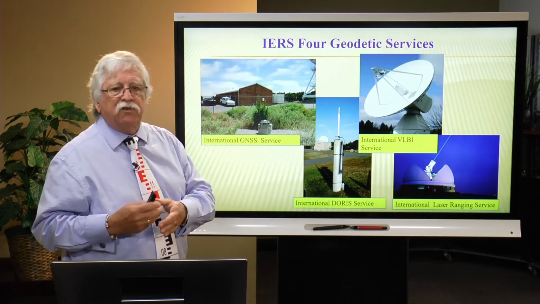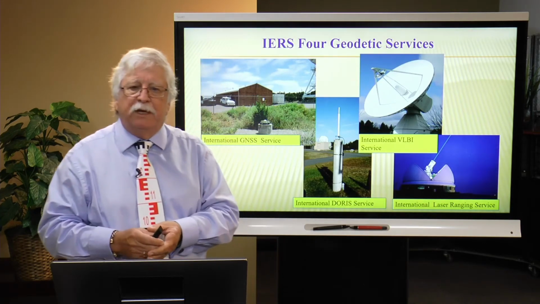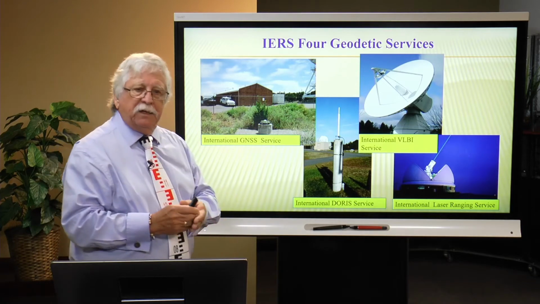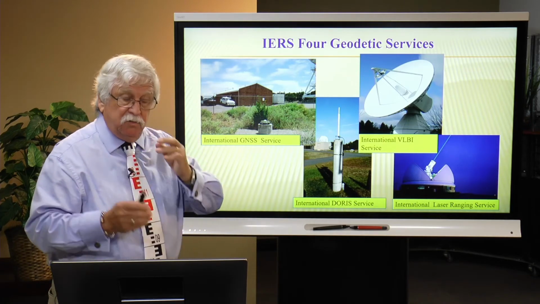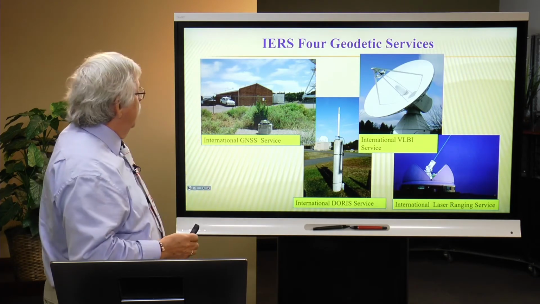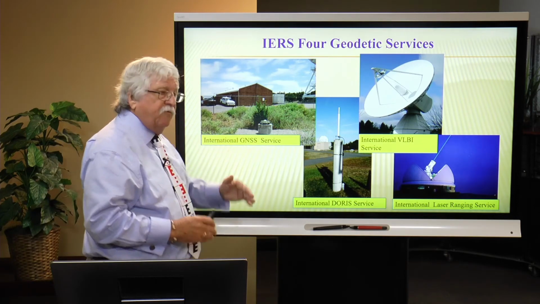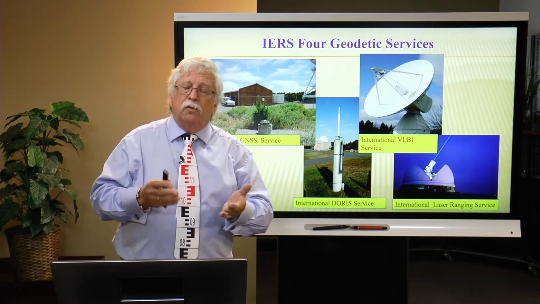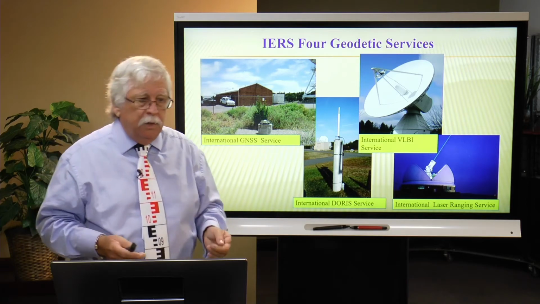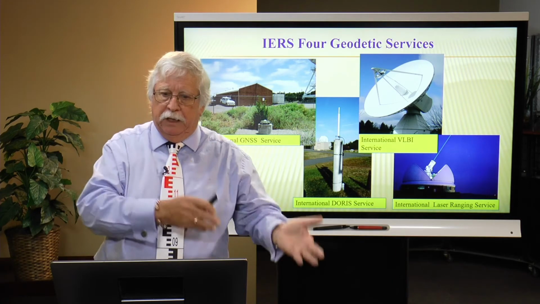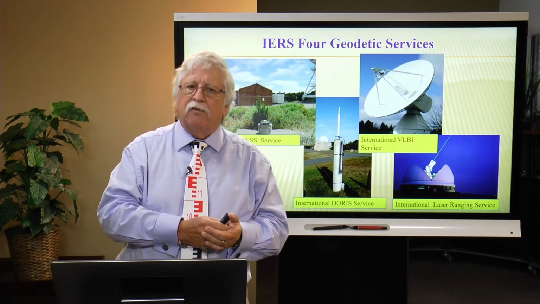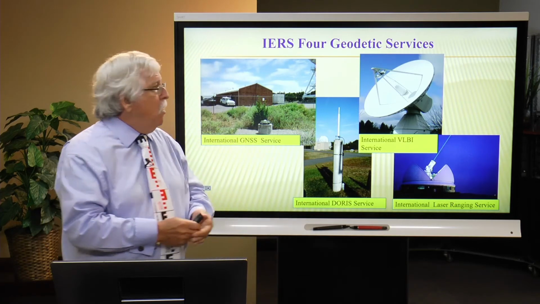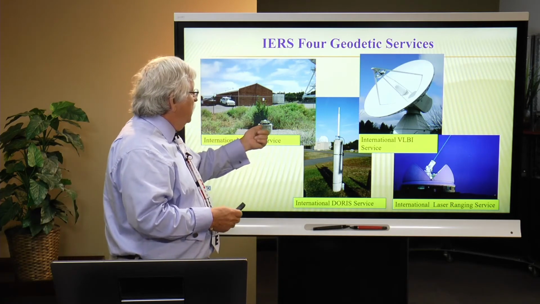So here you see pictures of the 4 different types of measurement systems, and I'm not going to spend a lot of time on them other than to note how they integrate with one another. GNSS: the vast majority of users in the GNSS world, using GPS and the other 4 constellations, are working around GNSS stations.